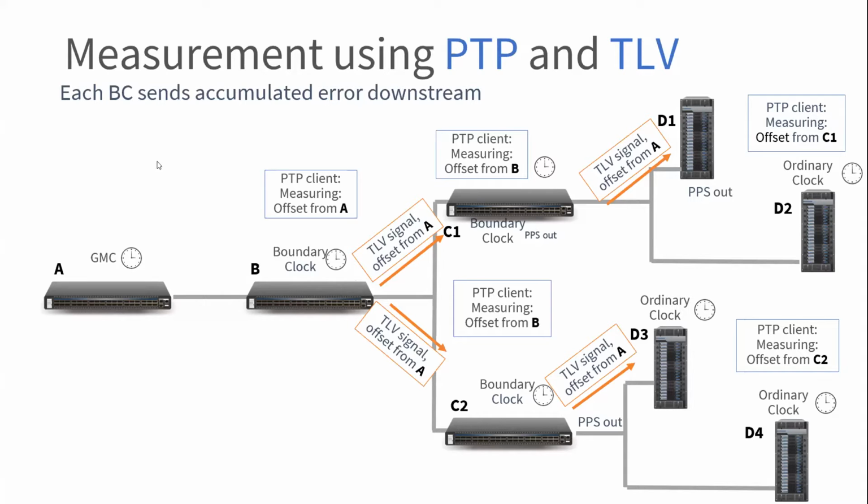Now the next level in the clock tree will take this signal and accumulate it with its own measurement from boundary clock B. So boundary clock C will add the offset from B to A and the measured distance from C to B, and then it will signal the offset from A to D. And by that, theoretically, the network can grow to infinity.